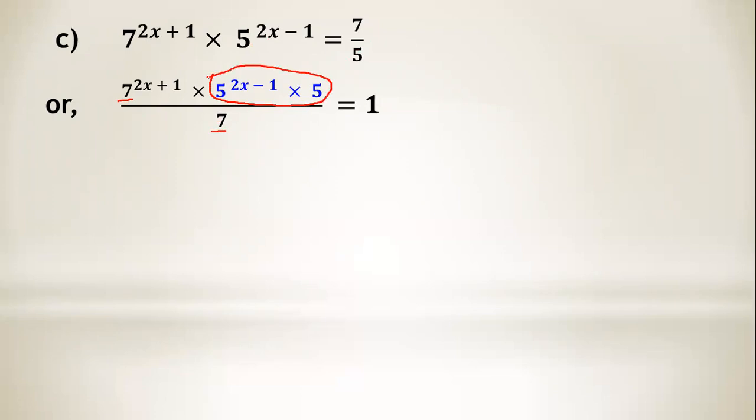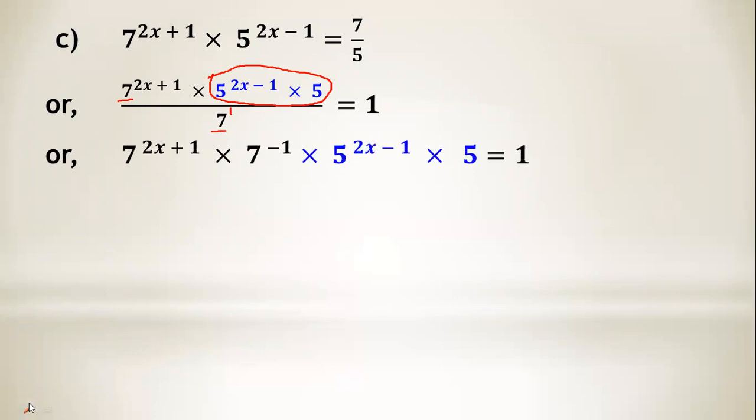So when we use the quotient law in case of base 7, you see here that in the denominator 7 there is power plus 1. So when it goes up, it will be minus 1. The same thing you can see in the next step: 7, when it has come up, has become negative 1.